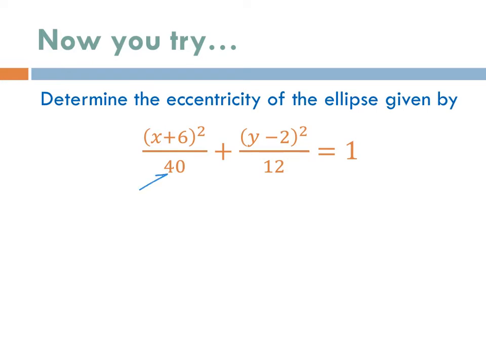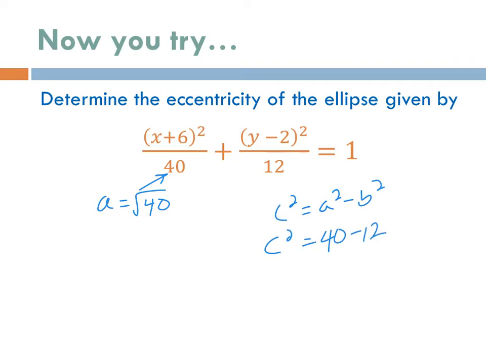So the a value ends up being not a nice number, but we can keep it as the square root of 40. Let's keep that in the back of our mind. To find the c value, you have to take the difference of your a squared minus your b squared here. So in that case, it's going to be 40 minus 12. If I do that, it looks like c is going to be the square root of 28.